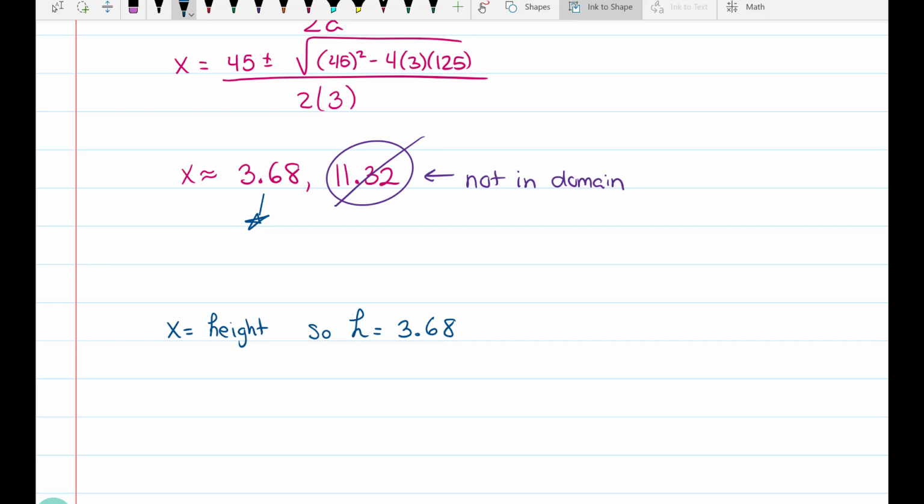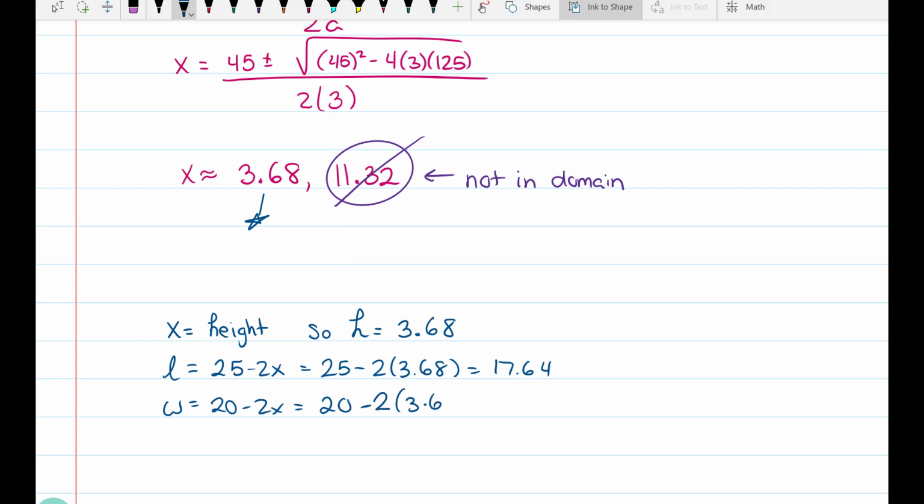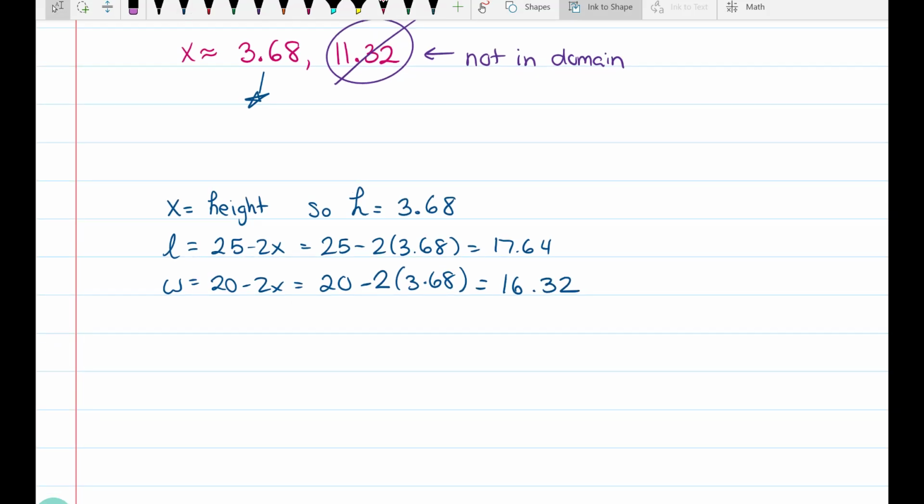L is equal to 25 minus 2x, which is 25 minus 2 times 3.68, which is 17.64. And the width is 20 minus 2x, which is 20 minus 2 times 3.68, which comes out to 16.32. That gives us our three dimensions, but remember we want to find the maximum volume.